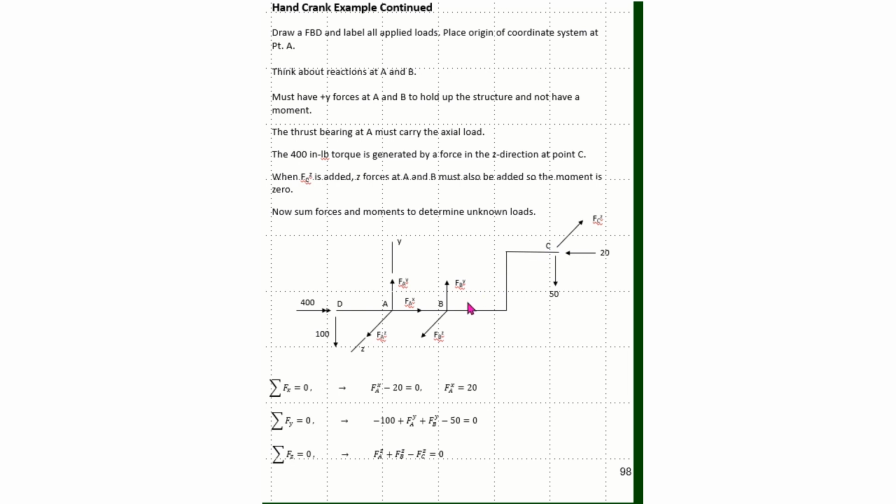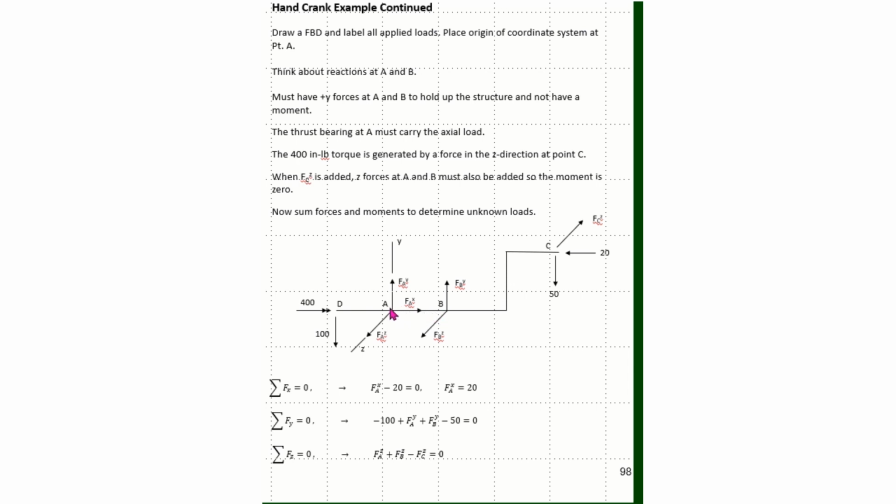So I need to give this a coordinate system, and I need to think about where to orient the coordinate system. And we typically want to put coordinate systems where we know the reaction forces and moments. And in this case, we know that we want a summation of moments to be equal to 0 at bearings A and B. And so those would be good locations to put our coordinate system.